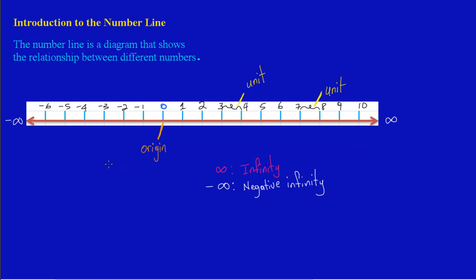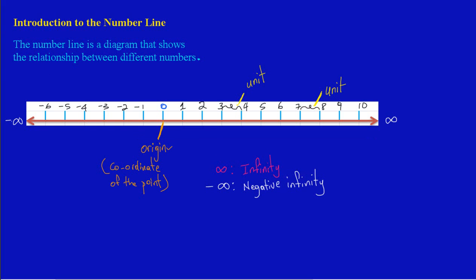Okay, another important name to note that the origin may have is called the coordinate of the point. Okay, now this is very important to note because the point at which each number on the number line is located is also called the coordinate of the point. Okay, but only where 0 is located is called the origin.